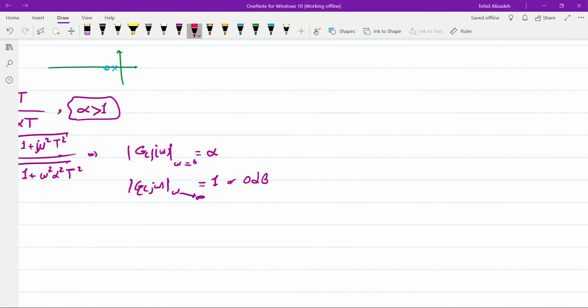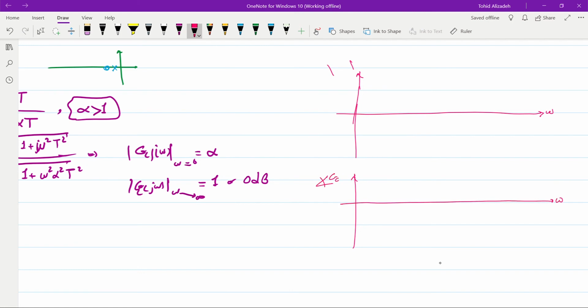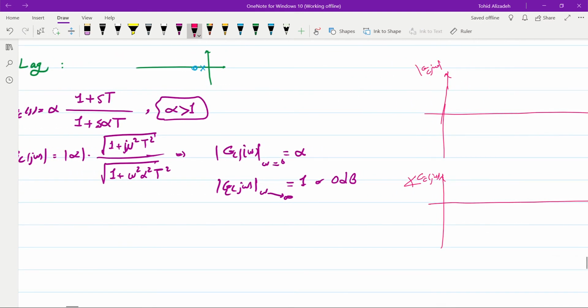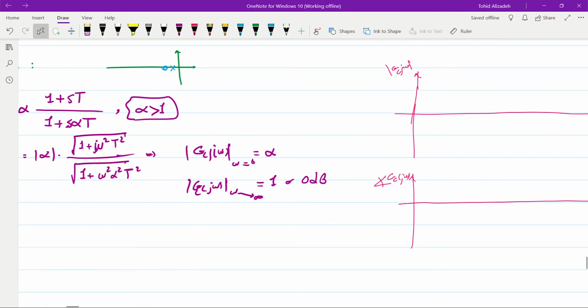Let's draw the Bode plot for this controller. Here we have the amplitude and here we have the phase. So we have 3 components for the amplitude and 3 components for the phase.